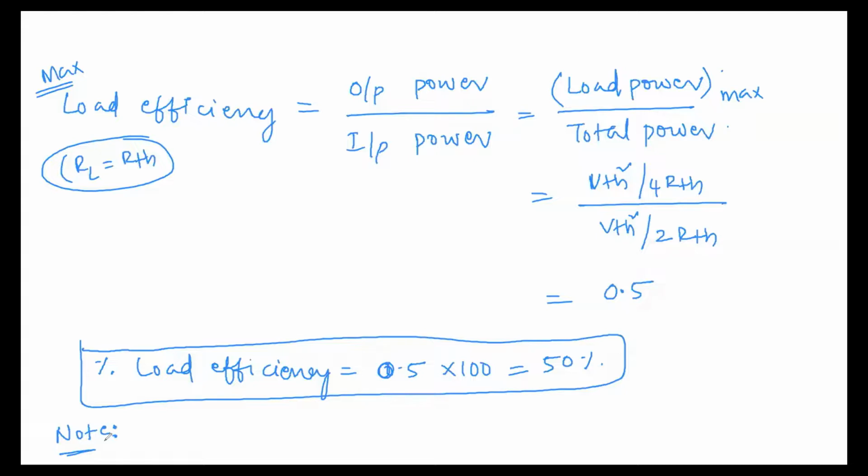Here I did not use the term maximum, but in that sentence I have indirectly mentioned it. If I say it is at most, that means the efficiency cannot go more than this. So the efficiency of the maximum power transfer theorem is at most 50%. This is the note, you got it.